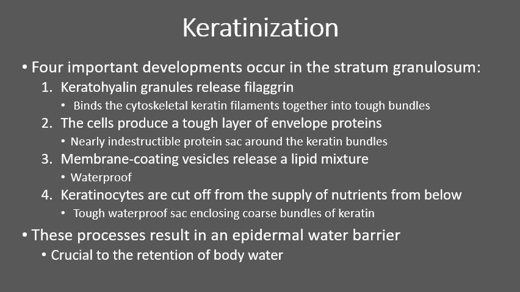Then membrane coating vesicles release a lipid mixture which is waterproof, and then keratinocytes are cut off from the supply of nutrients from below, and it forms a tough waterproof sac enclosing coarse bundles of keratin. As mentioned, these processes all result in the epidermal water barrier, and it's very important to the retention of body water to make sure we don't lose water through our skin.